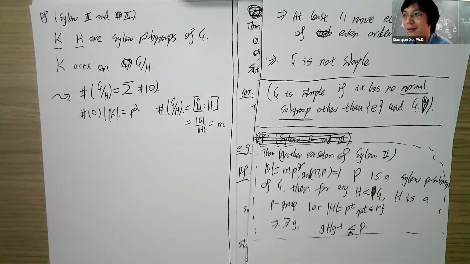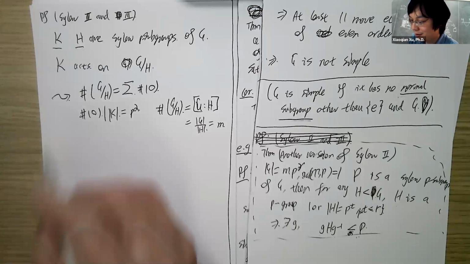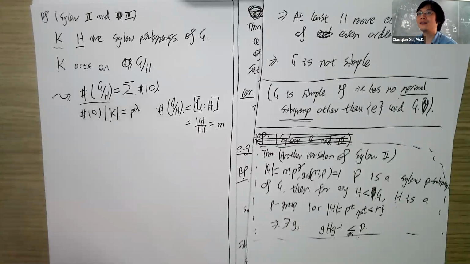So the same trick works here. On the right-hand side, there is no factor P, right?